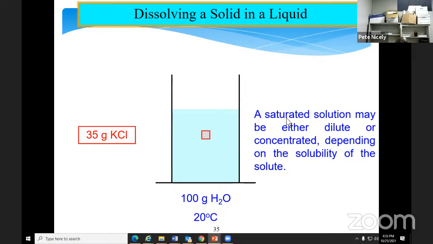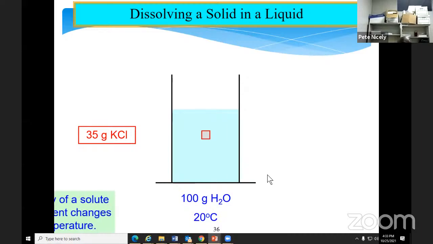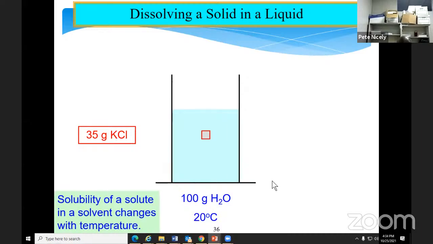So basically, the level of saturation is different depending on the solvent and also depending on the solute. Now, the solubility of a solute will change based on the temperature. Remember, previously, we had a temperature of 20 degrees Celsius.